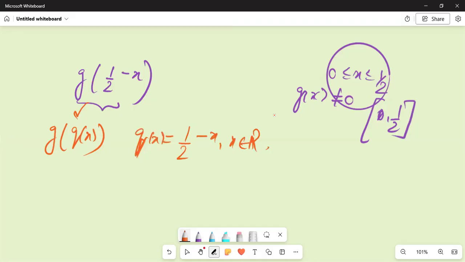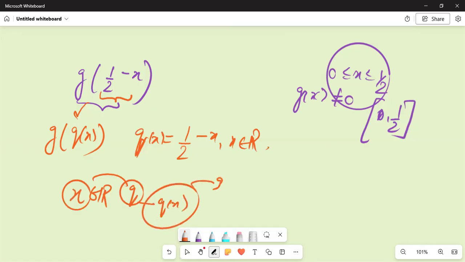But when G and the domain points are given by this, that means on any point X of the real line, first Q will act, and then you will be getting Qx, and on this point G will act. So G is not acting directly on the domain points, it is acting on R via Q. So Q is the mediator, or Q is acting between them.